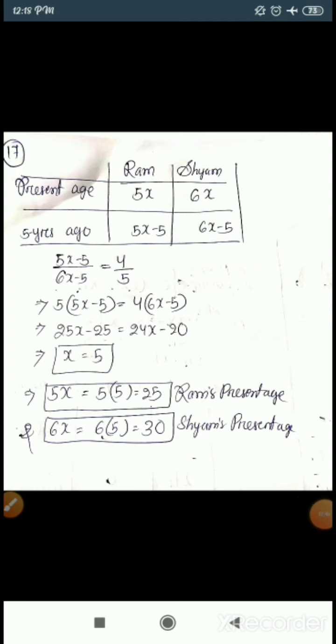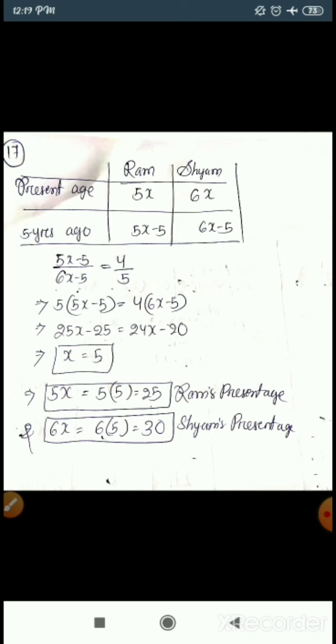The ratio of Ram's and Syam's age is given 5:6. Let us take Ram's age is 5x and Syam's age is 6x, the present age. Okay. 5 years ago, that means 5x minus 5 will be Ram's age and Syam's age will be 6x minus 5.